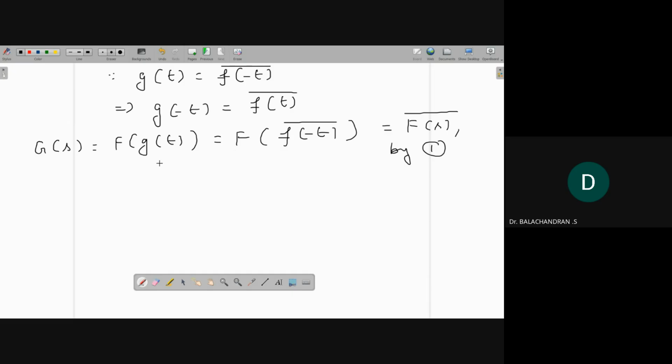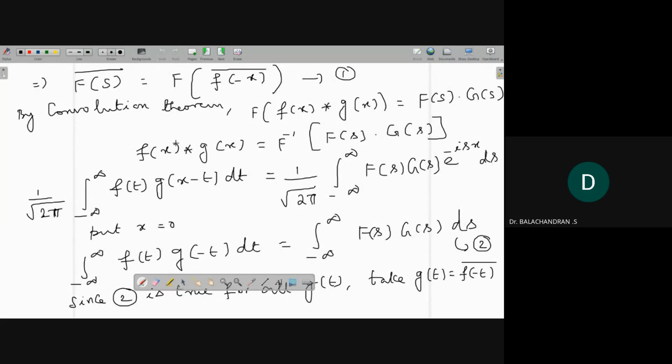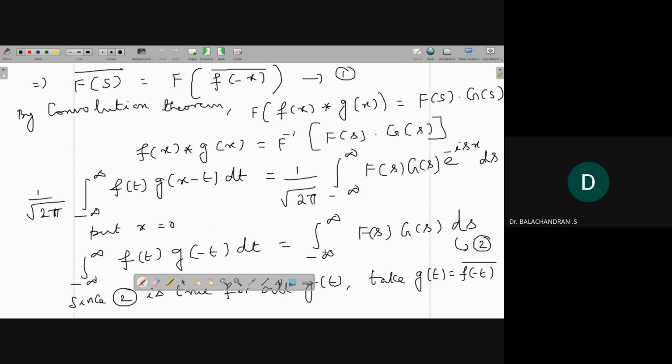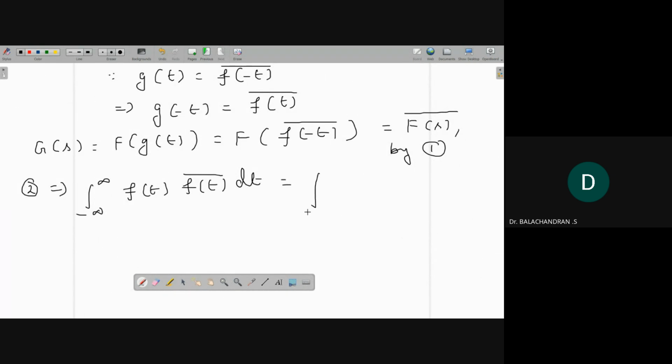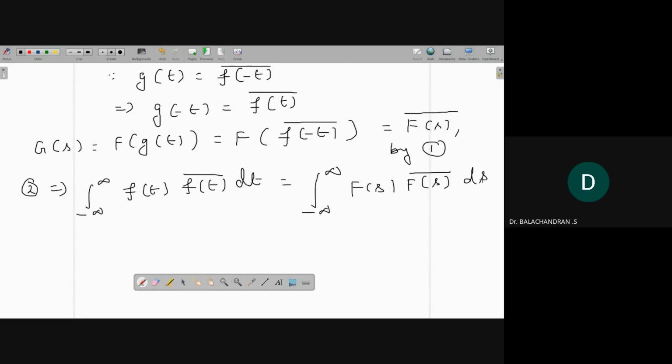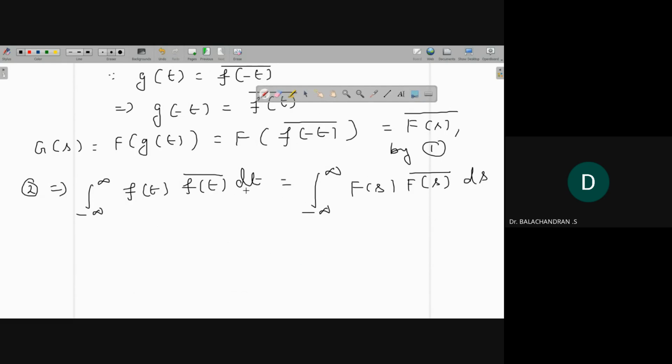So now equation 2 implies, the integral from minus infinity to plus infinity of f of t into g of minus t, which is f of t whole bar, dt, is equal to the integral from minus infinity to plus infinity of f of s into g of s, but g of s is f of s whole bar, ds. Now you know that z into z bar is modulus of z whole square.